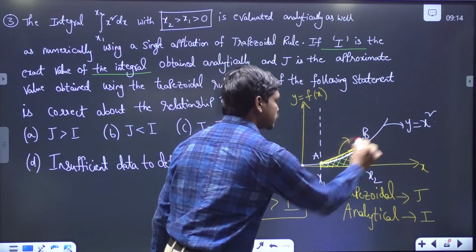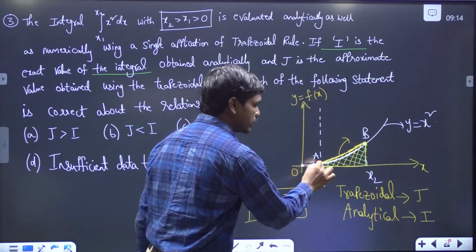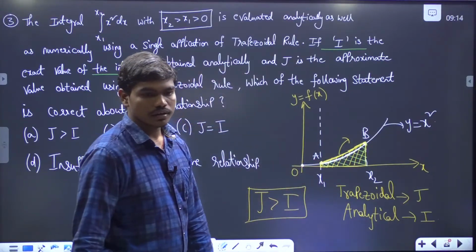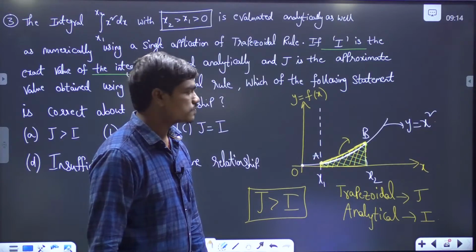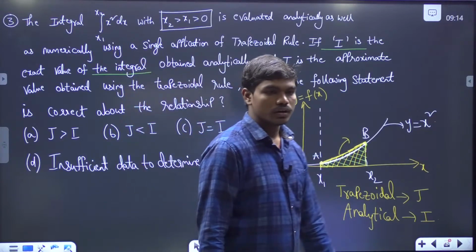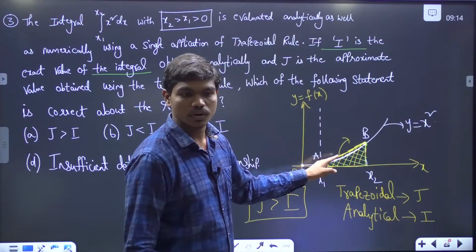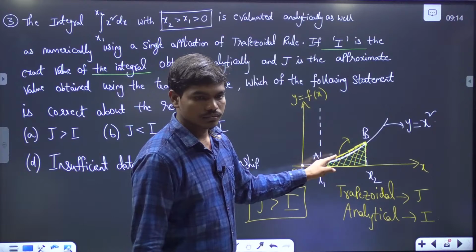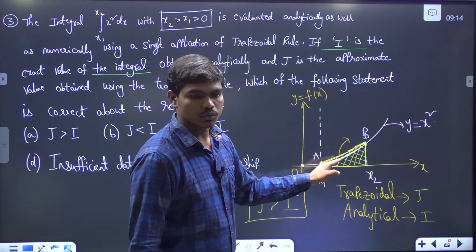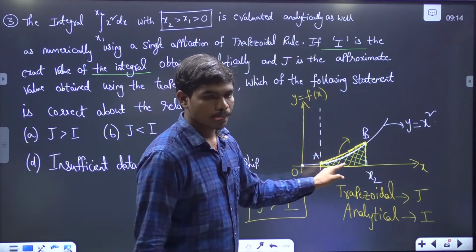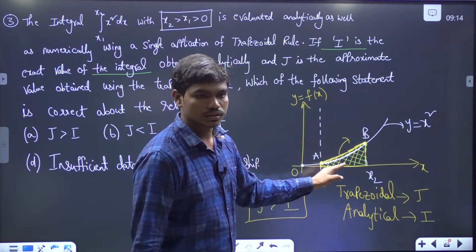There is no necessity that this line passes through the origin. It can come like this. Clear? Yugandhar, are you clear that this line is not y is equal to x? This is just a line that's connecting these 2 points. I hope you understood the things.